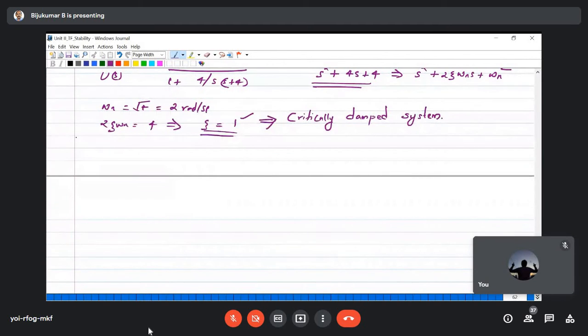What is the formula for finding that in terms of zeta? Peak overshoot in percentage is equal to e power minus zeta pi by root of 1 minus zeta square. So what will be the value if you substitute 1?